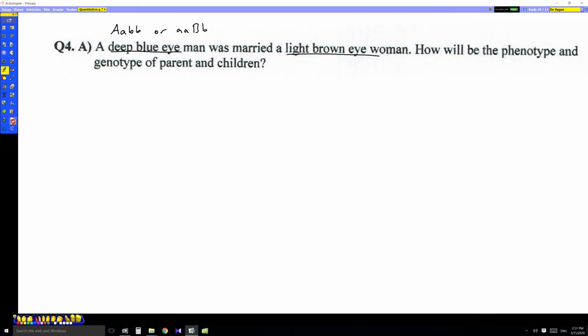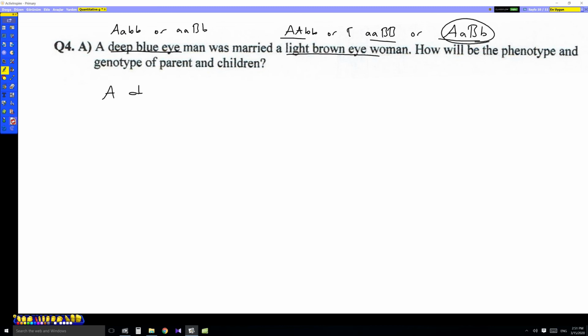For light brown eye there are three probabilities: A capital, A capital, B small, B small, or A small, A small, B capital, B capital, or A capital, A small, B capital, B small. From these three probabilities, it is better to choose the hybrid one. Any of them can be used, but it is always better to choose the hybrid one to see more probabilities.